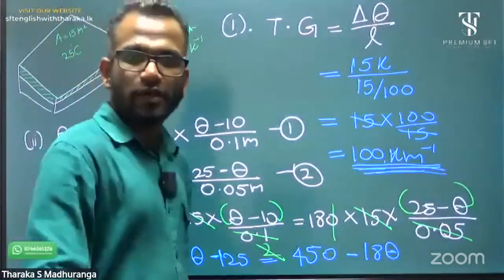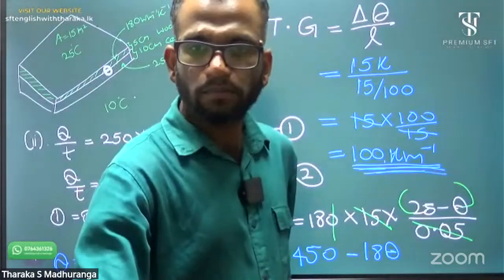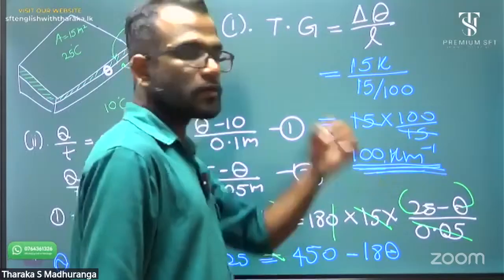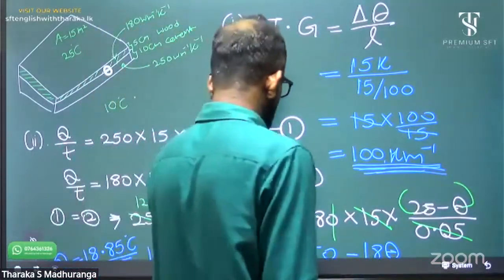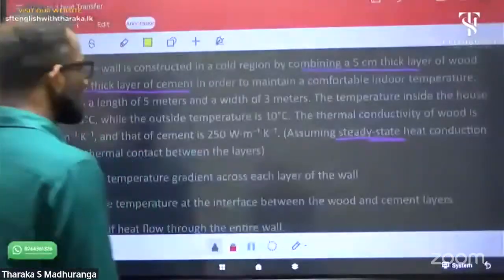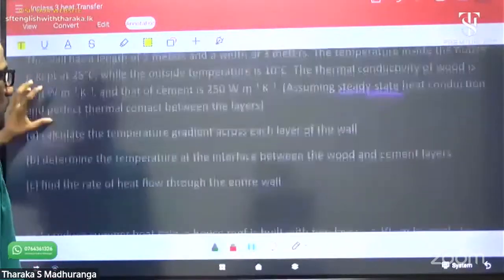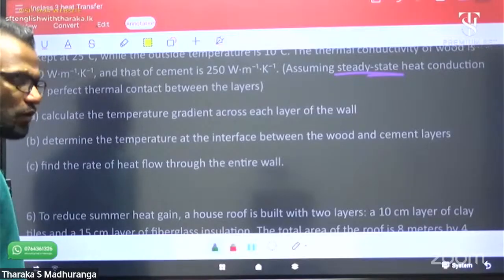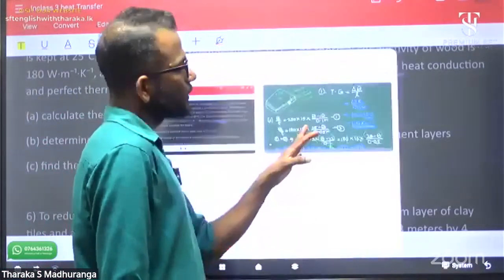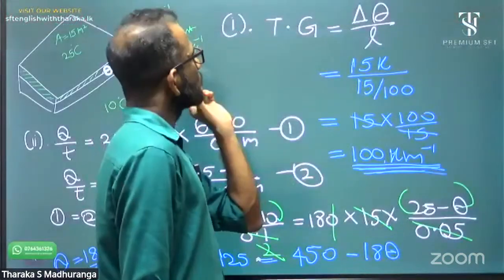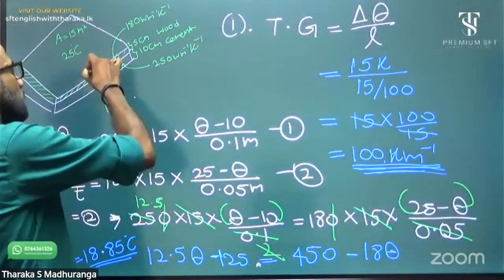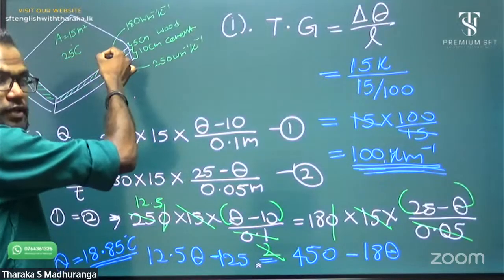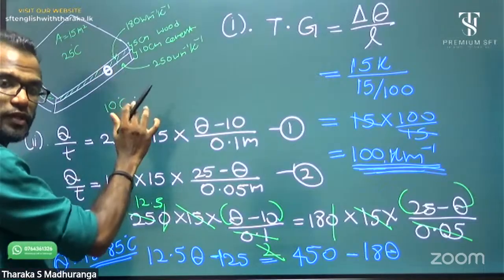Okay, let's move into the final part. Find the rate of heat flow through this entire wall. In steady condition, the amount of heat flow entering within unit time and leaving within unit time is the same.